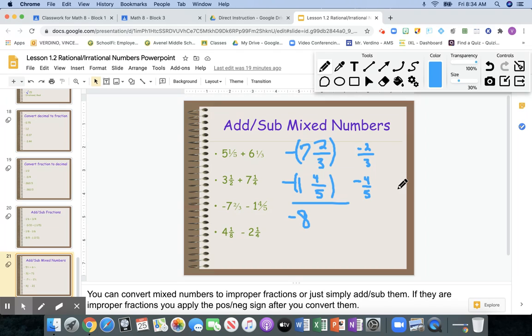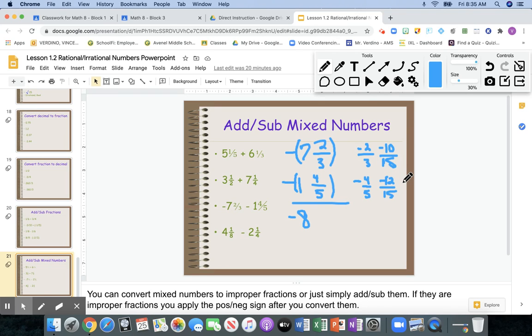All right, so now we have to convert these to have the same denominator. They're going to have the same denominator of 15. So 3 times 5 is going to give me 15, so the rule is going to be multiply top and bottom by 5. I'm going to have a negative 10. And here I'm going to be left with negative 12.